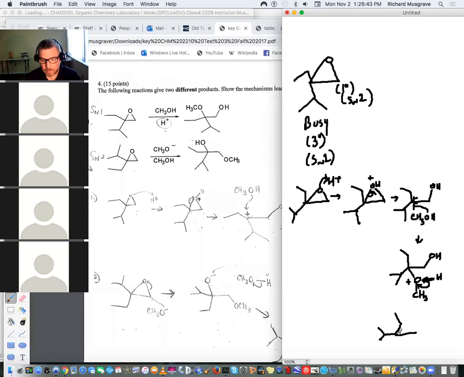Is that arrow going from the HO bond to the O? It is, yeah. Not to the bond. Okay, yeah, I figured. All right, so that would be for the top one. Now for the bottom one.